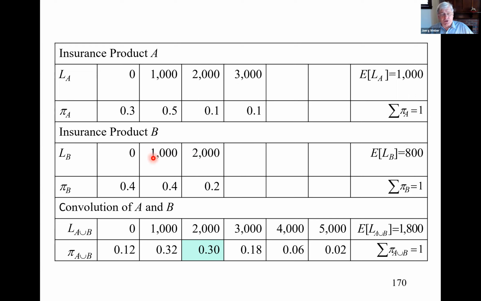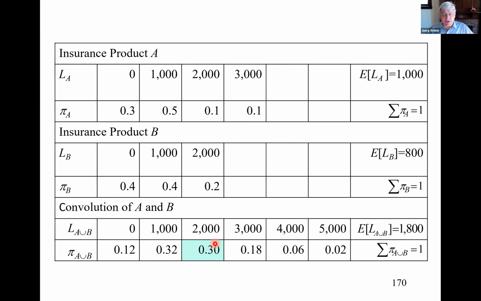Those are the insurance payouts, the losses of the insurance company. Again, here are the probabilities: 40% probability that the insurance company has to pay nothing, 40% chance that it has to pay $1,000, 20% chance that it has to pay $2,000. Again, the probabilities add up to 1.